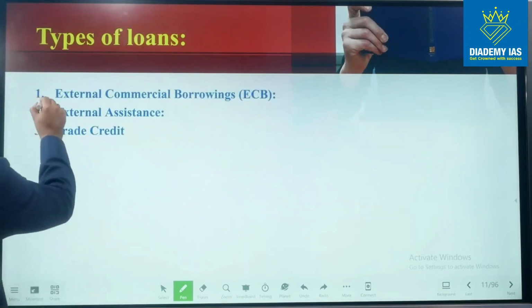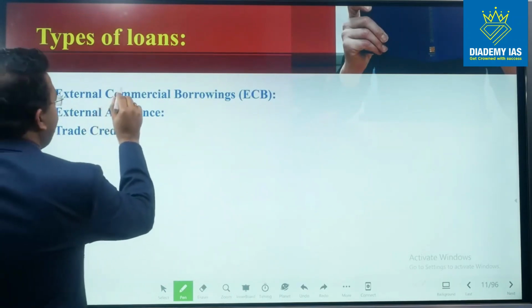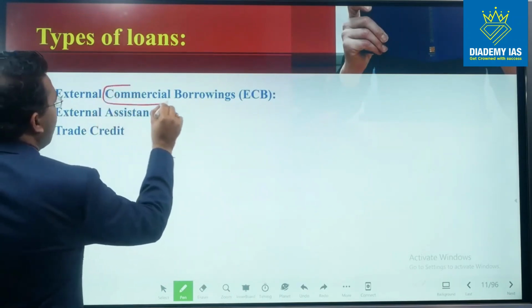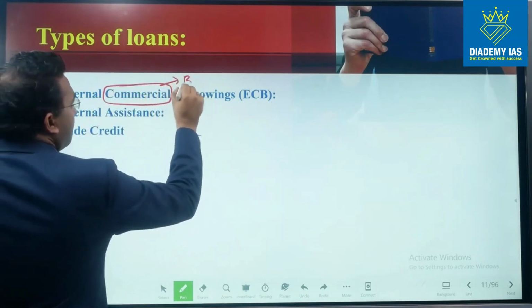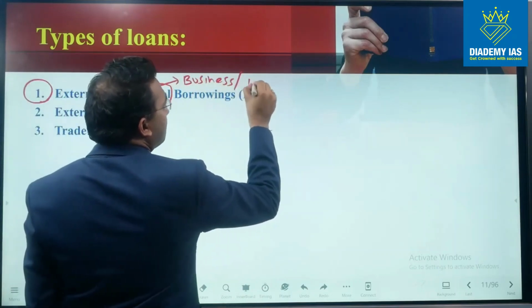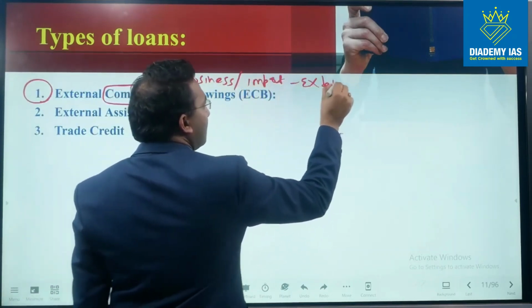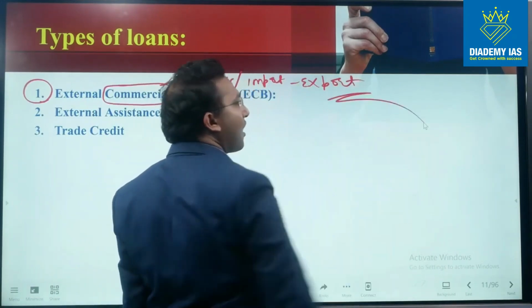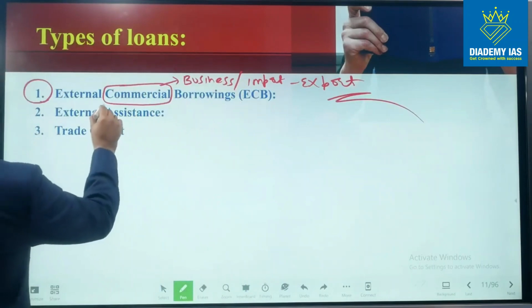One is external commercial borrowings. The name itself says this is for commercial purposes, that is for business purposes, import, export purposes, right? So this is taken for commercial reasons. Second, external assistance.